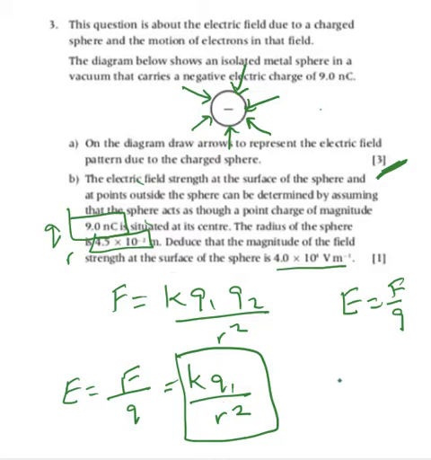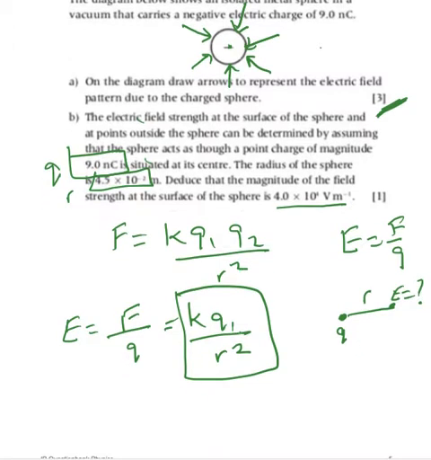And the question tells us to model the charge Q concentrated at the center, like at that point, just like we would do for a mass. And the surface would obviously be r distance away, given here. So we're looking for the electric field strength at that location.